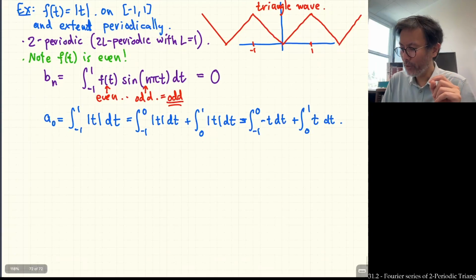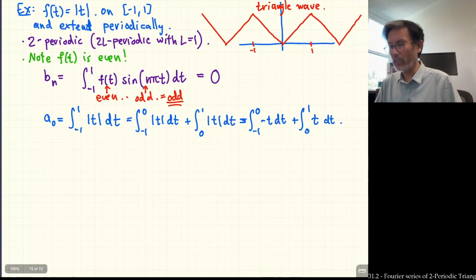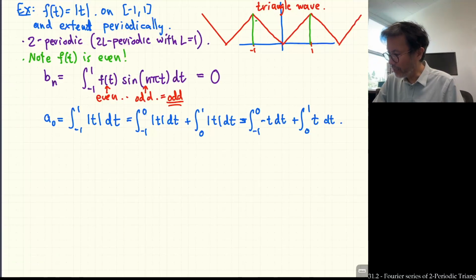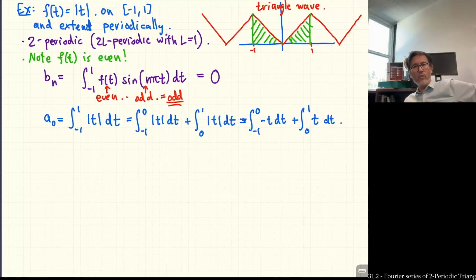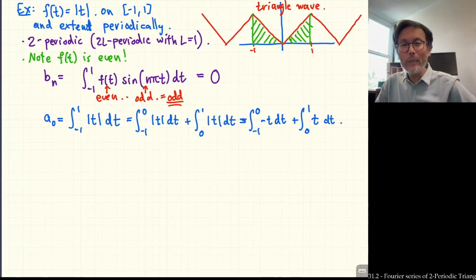Because please observe, what we are doing is computing the area underneath this curve, the signed area, between the triangle wave and the interval from -1 to 1. These are isosceles triangles. They're my favorite.